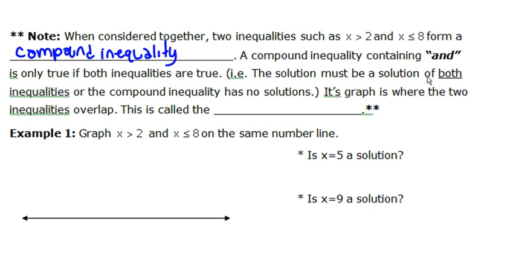A compound inequality containing and is only true if both inequalities are true. So the solution must be a solution of both inequalities, or the compound inequality has no solution. Its graph is where the two inequalities overlap. This is called the intersection.